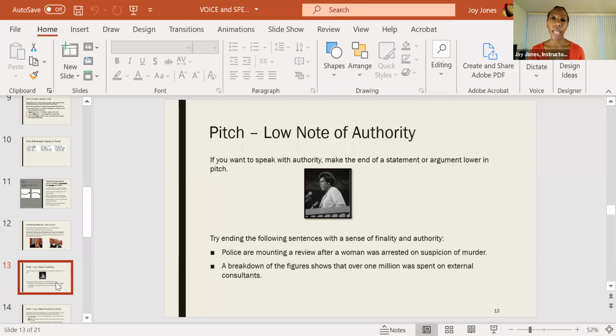We already found in that one passage where we had to use the downward inflections, or I should say the volunteer speakers found, that if you approached that previous passage with an air of authority or finality, it helped it make sense. In fact, you were already doing the point of this slide, which is that if you end a passage on a lower note, the audience knows that your statement is coming to an end. You can also sometimes, if you lower your pitch and you slow down a little bit.